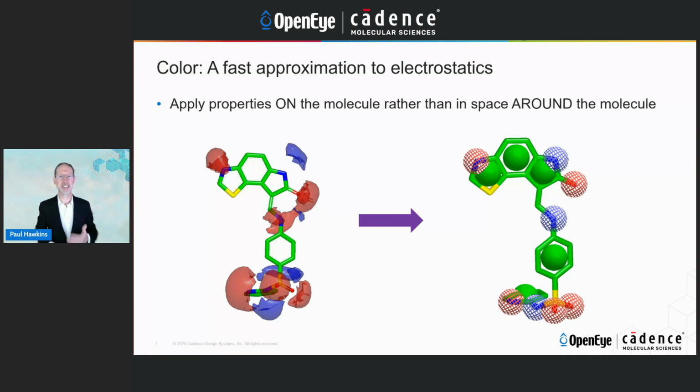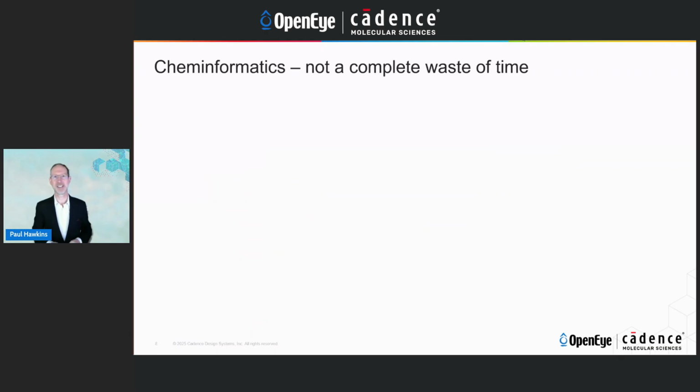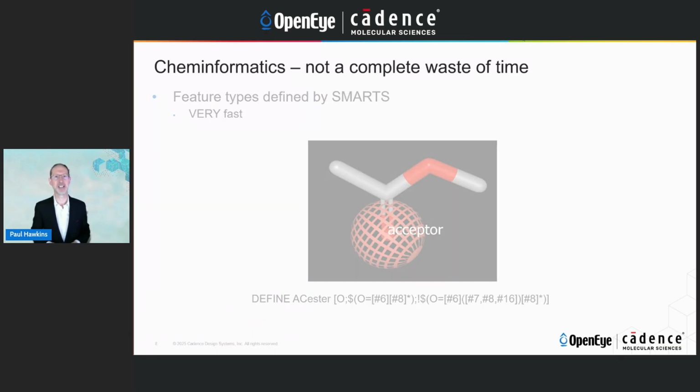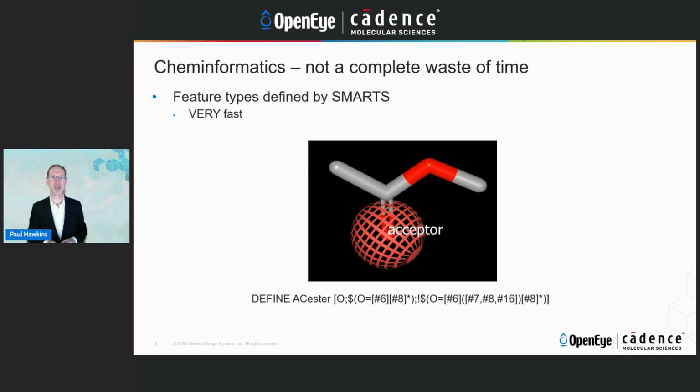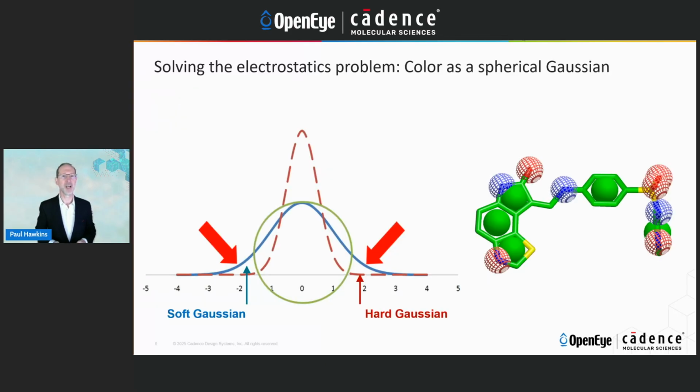So how are we going to apply these properties on the molecule? Well, we can actually use a little bit of 2D cleverness, some cheminformatics, specifically the rich and flexible language of SMARTS, which here we can use to express the acceptedness of the carbonyl oxygen of the acceptor in an ester group. SMARTS can be written very generally, very specifically, so we can apply these to a wide range of different functionality.